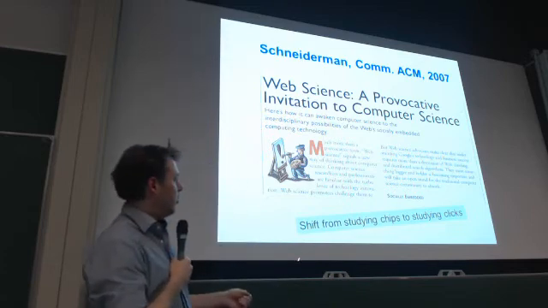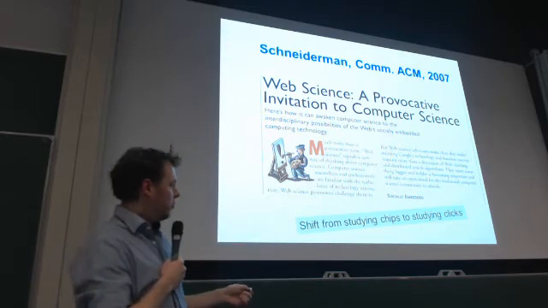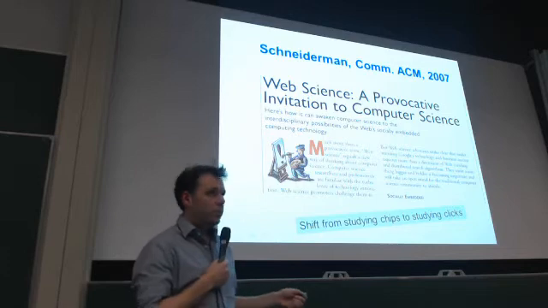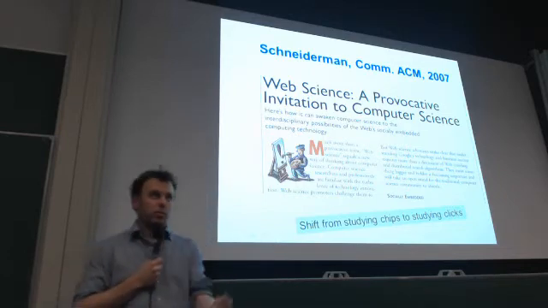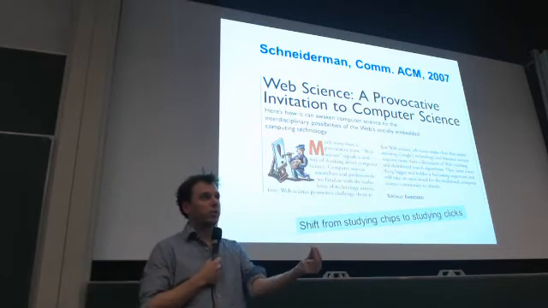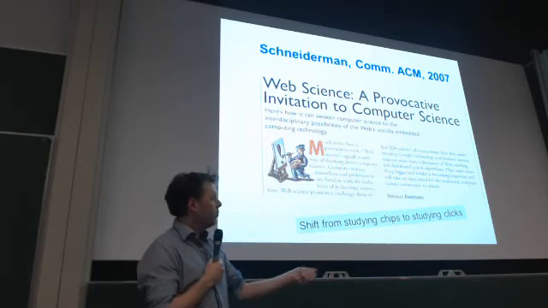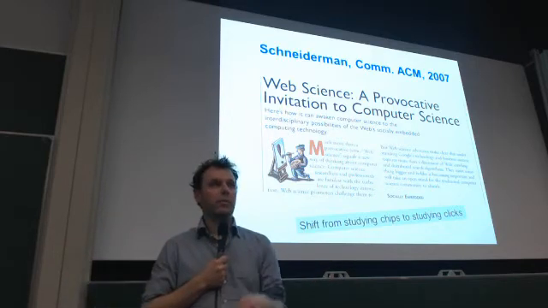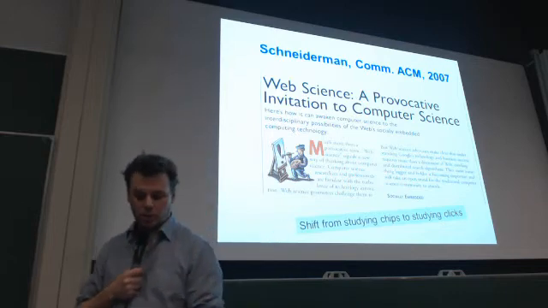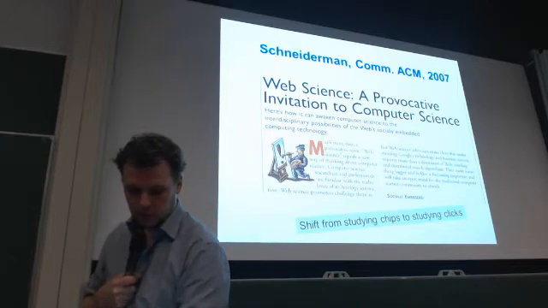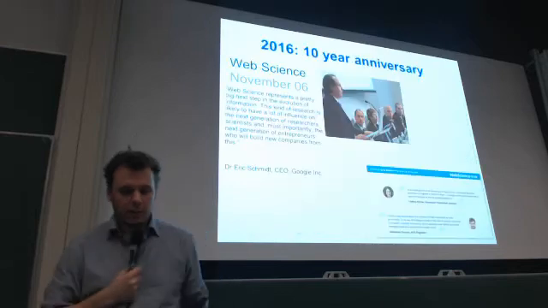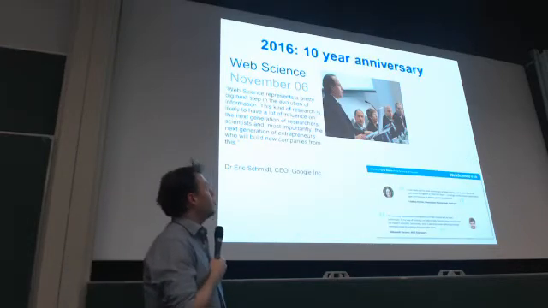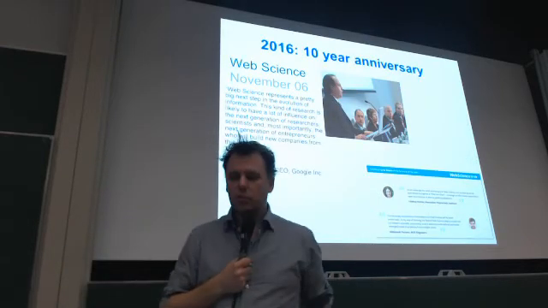And as he says, from a computer science perspective, we have to go from studying chips, so from studying the computer technologies and the protocols, to moving to clicks: what people actually do, what they have been doing on the web. Because it's a combination of technology and human behavior. So this was 2007, and roughly 10 years later, this was the 10th anniversary of web science, 2 years ago.